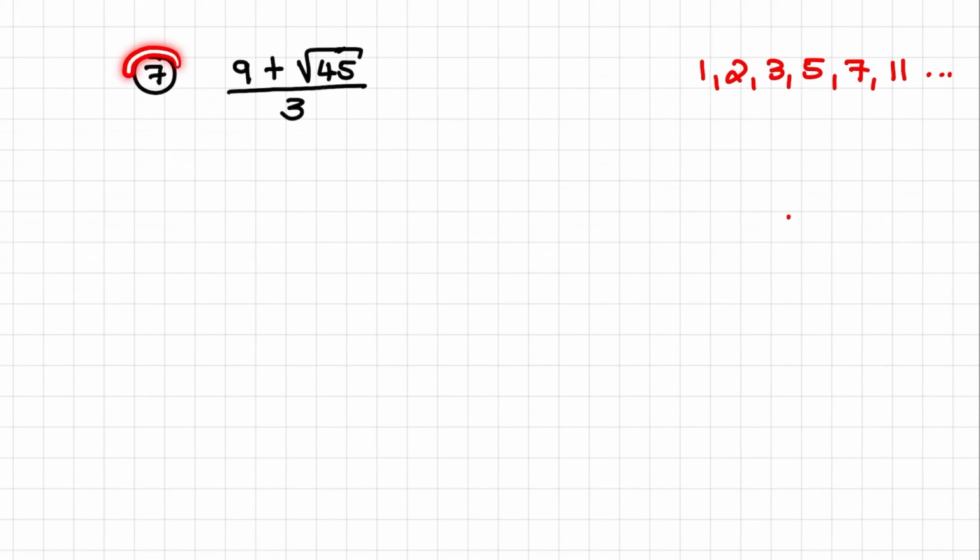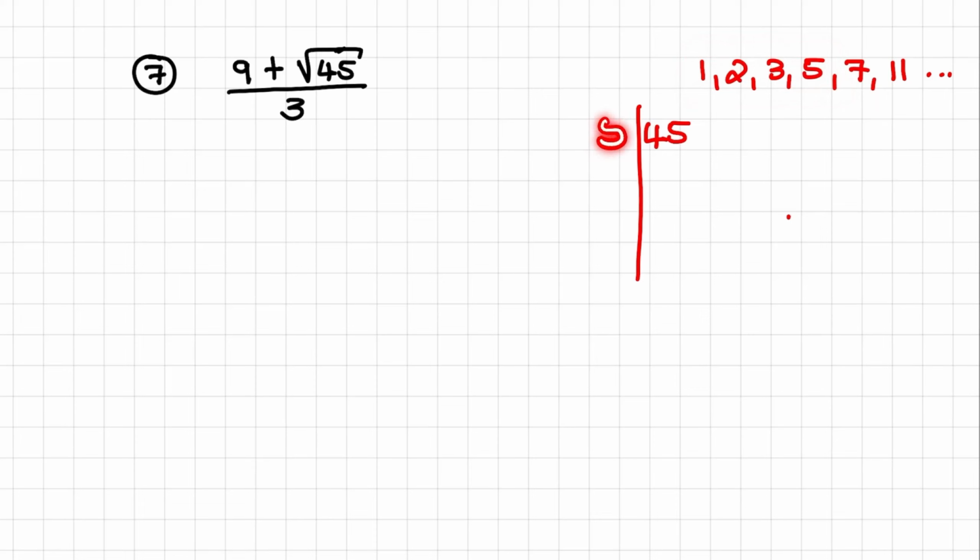Let us move on to a fraction. Here we have 9 plus the square root of 45, divided by 3. And let us focus on the square root of 45. So again, I look at the prime numbers that go into 45. So 45 divided by 1 is equal to 45. 45 divided by 3 is equal to 15.